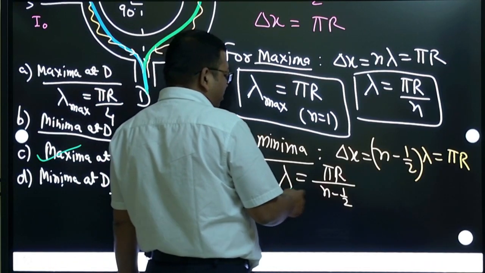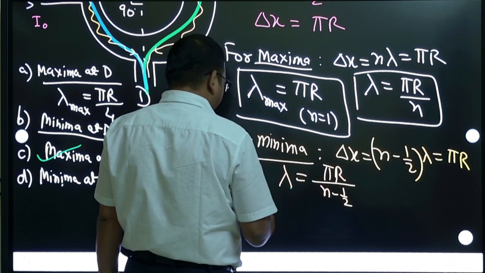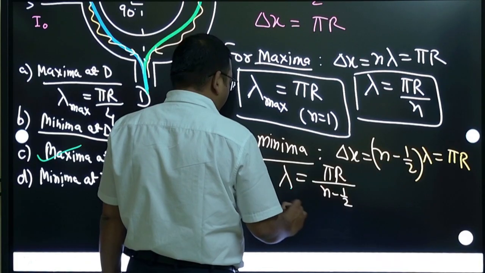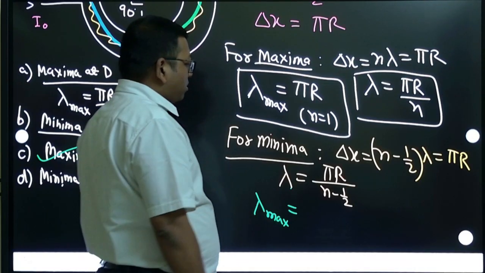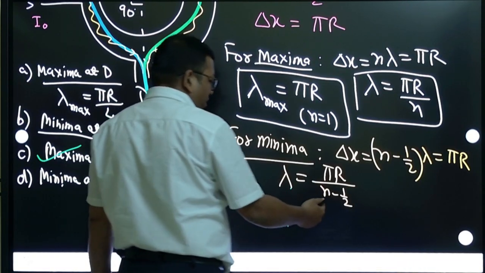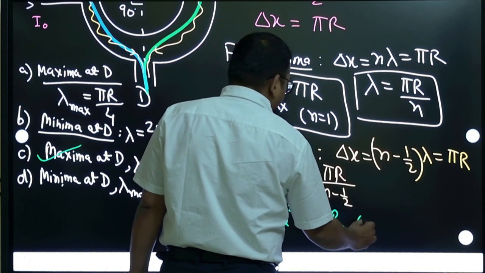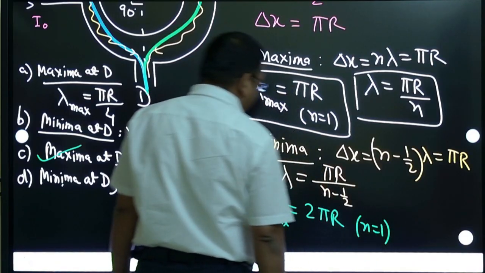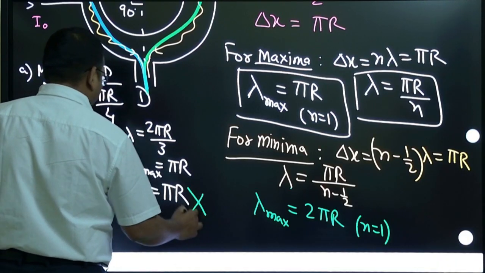If you want the maximum lambda, n can be minimum 1, so 1 minus half, and 2 pi r will come. This will happen when n is equal to minimum 1. So maximum is not 2 pi r, so this answer is not correct.